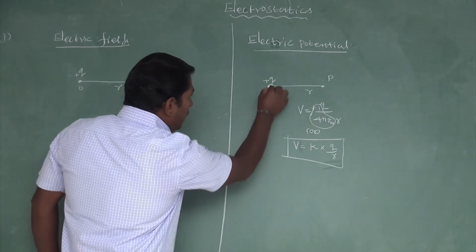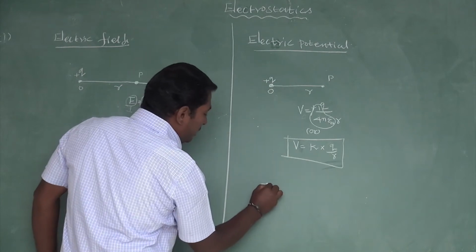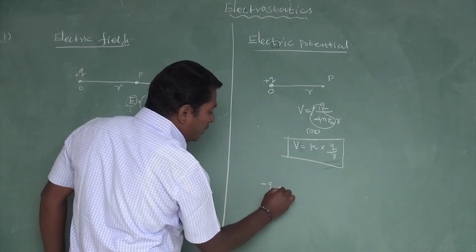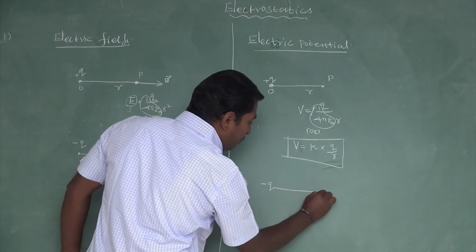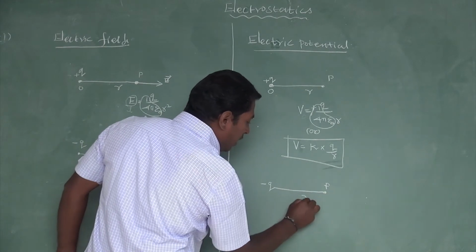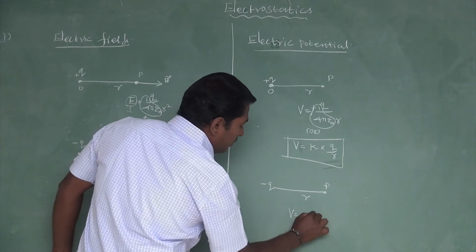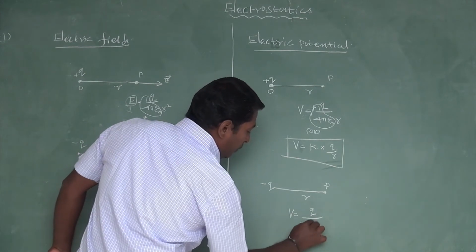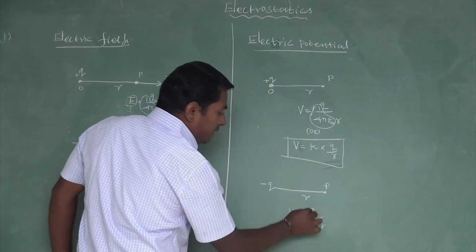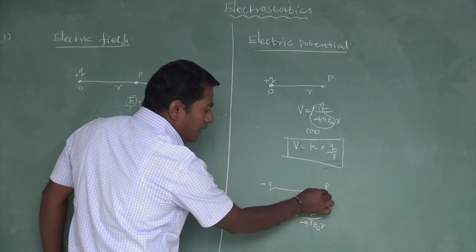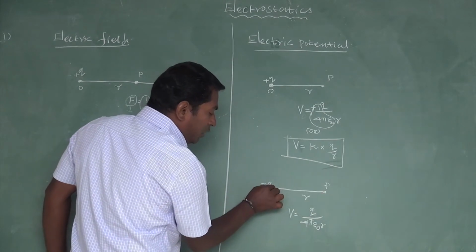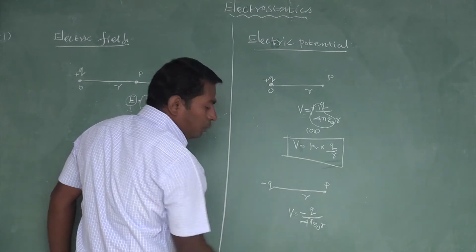Let me assume the same magnitude but opposite charge, minus Q, produces electric potential at the same distance R at a point P. V is equal to Q divided by 4 pi epsilon naught R, with the same magnitude of electric potential produced by a negative point charge at this point, but with negative potential.